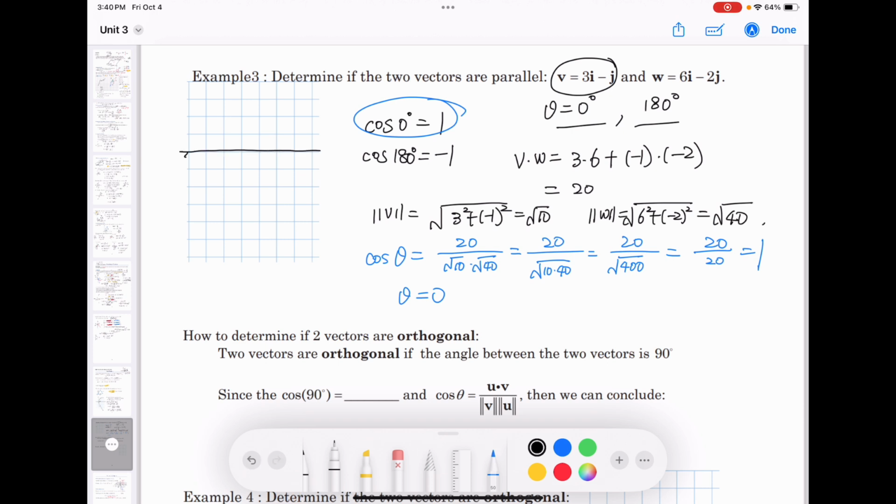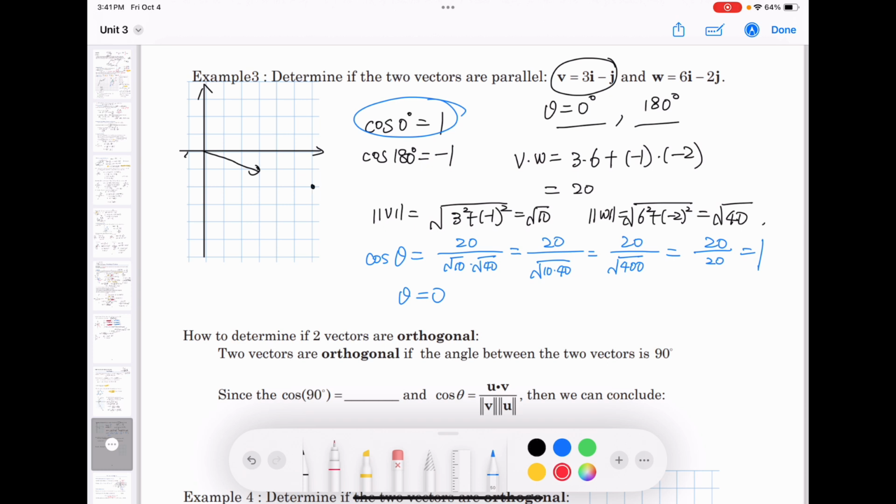Assume this is my x-axis, and this is my y-axis. The first vector is 3, comma, -1. 3, comma, -1 is here. And the second vector is 6, comma, -2. So 6, comma, -2 is here.